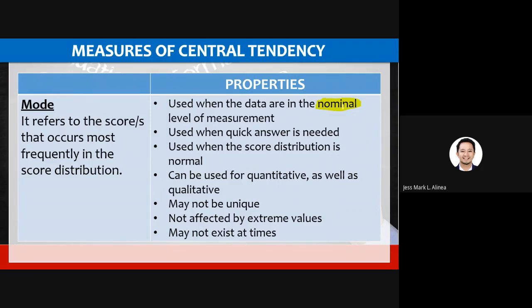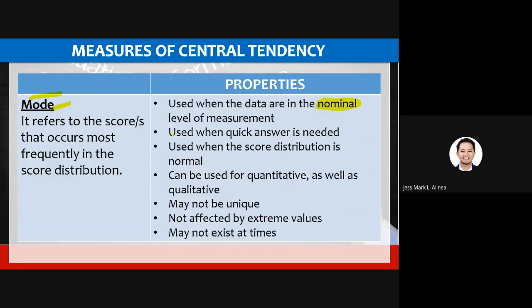Halimbawa, ilan ang lalaki sa klase? That's nominal data. We use mode. Bibilangin mo. Ilan ang babae? Ilan ang below poverty line. Most of the time when we measure the demographic profile of our respondents in research, we use the mode.